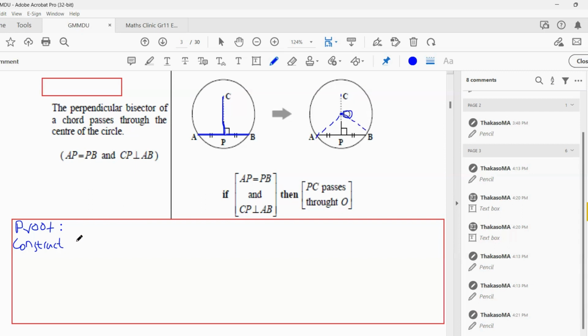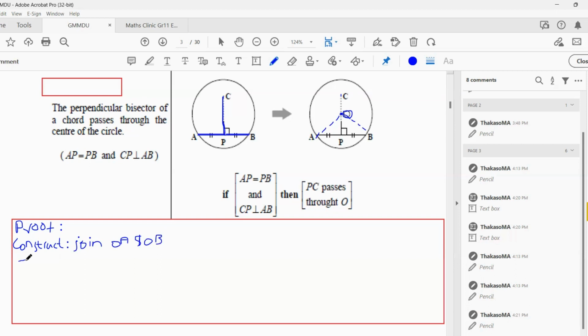We join OA and OB, creating two triangles. So we're going to approach this the same way we did in proving theorem 1.